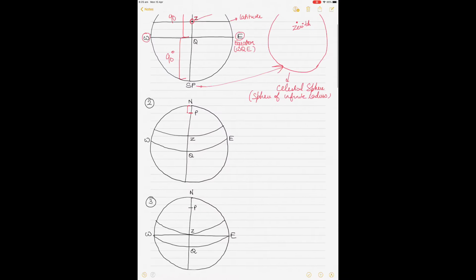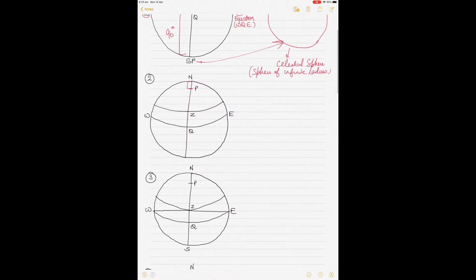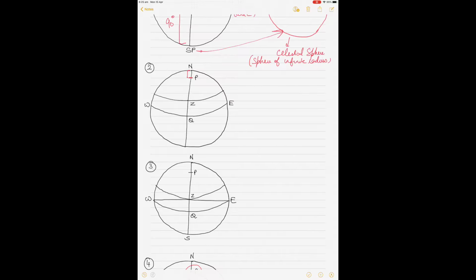Now if the globe is gradually tilted more and more until Z is in transit with the center of the globe, it would appear as shown in figure 3, right? Now since all the points P, Z and Q have apparently moved only because of the tilting of the globe, each has shifted out of its original position by the same amount.